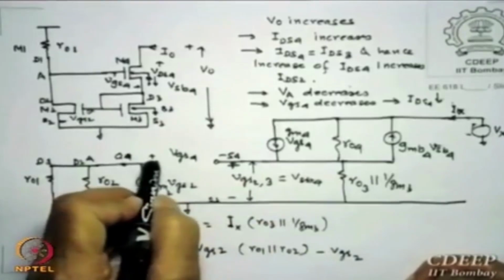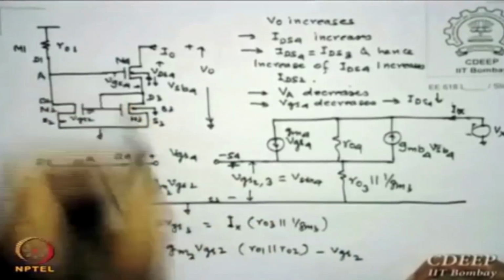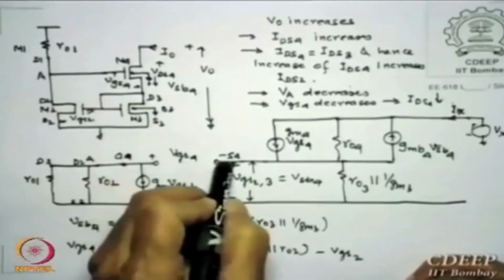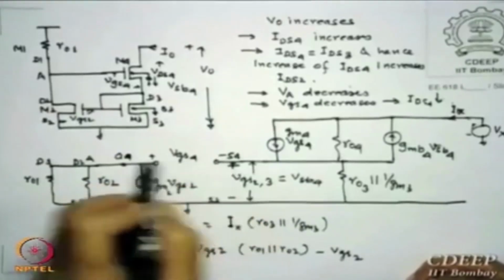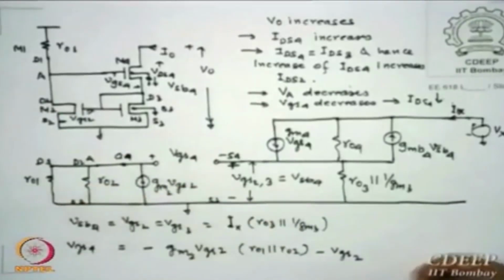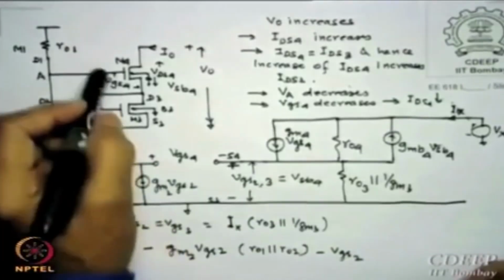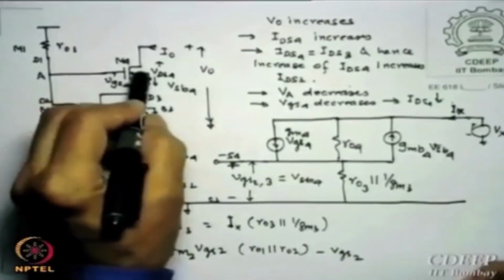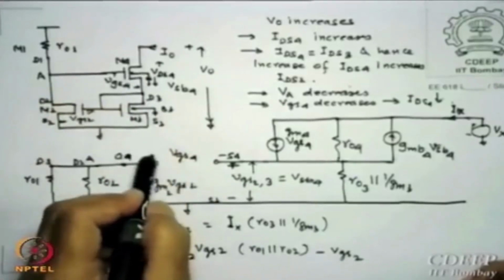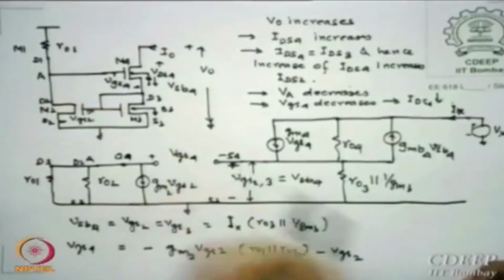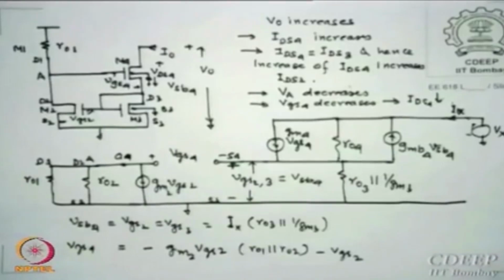So this is my gate, this is my source. The voltage drop between gate and source for M4 is VGS4. Sign please check it. This has to be plus because this is an N-channel device. So this is plus and this is minus for VGS4. Is that okay?